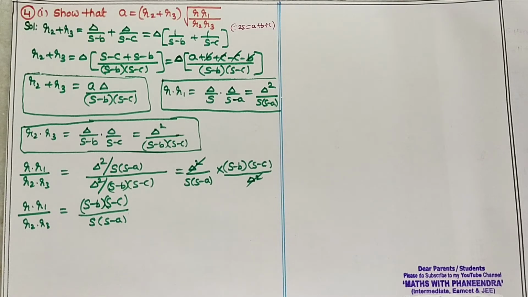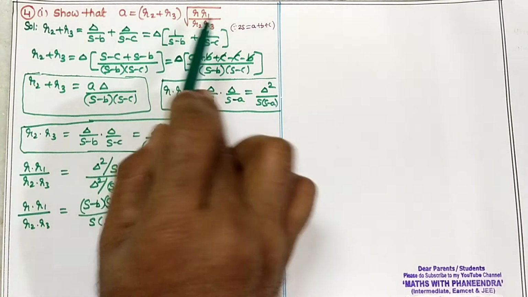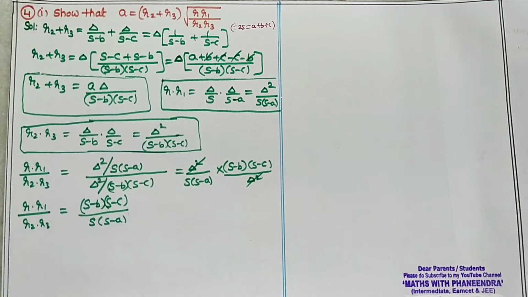So now consider the RHS. They are asking, we consider RHS values now. So we need to prove LHS. So this is the value of r into r1 by r2 into r3. We got it. Now consider RHS.